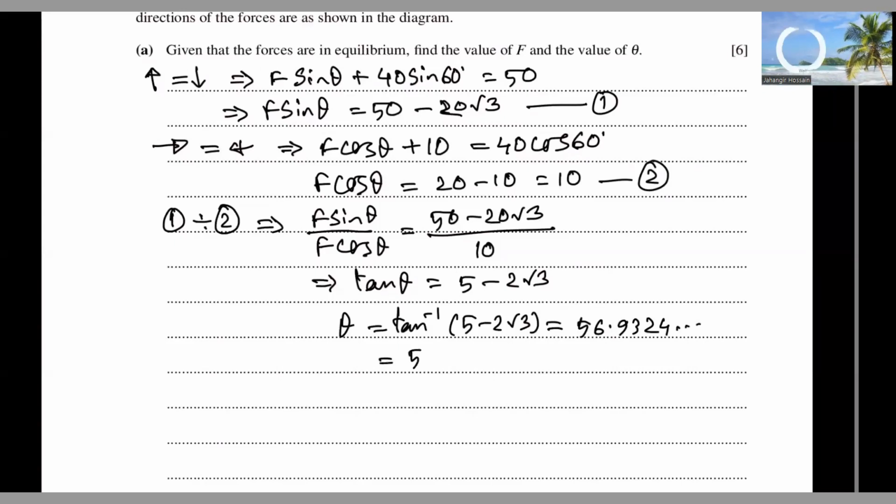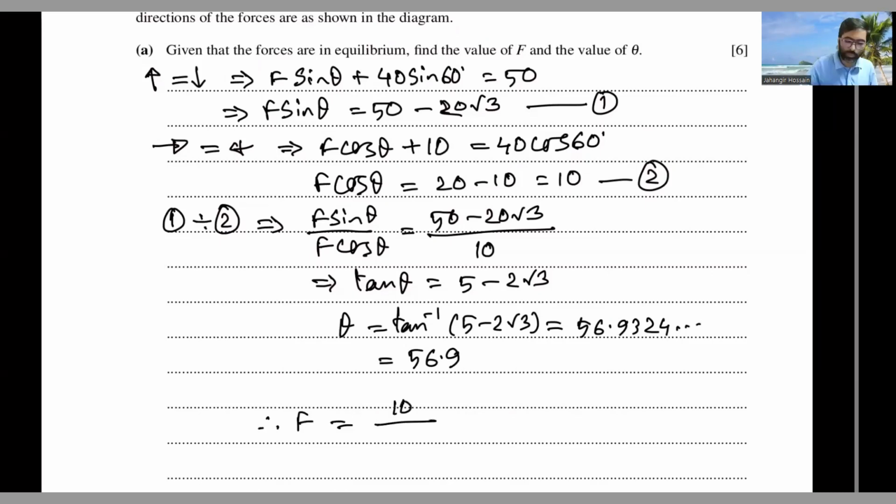If we look at it to one decimal place, measured in degrees, theta will be 56.9. Then substitute the value of theta in one of the equations, and we get the value of F.